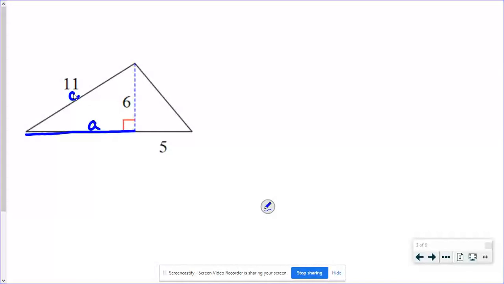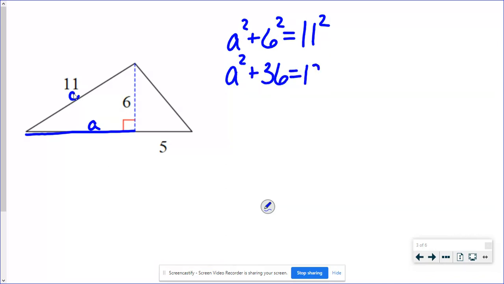So I would have A squared plus 6 squared equals 11 squared. So that'll be 36 and 121. And we'll get rid of the 36. So 121 minus 36 is going to be 85. Not a perfect square.